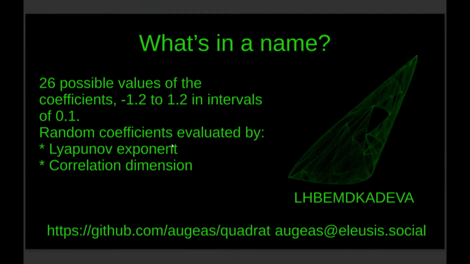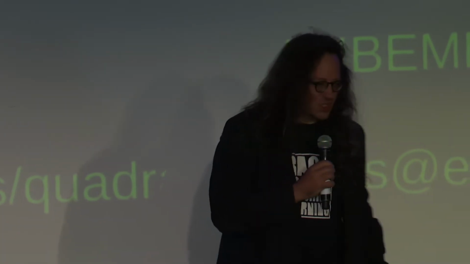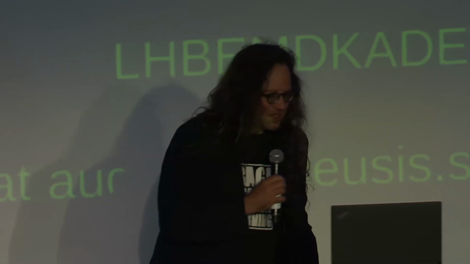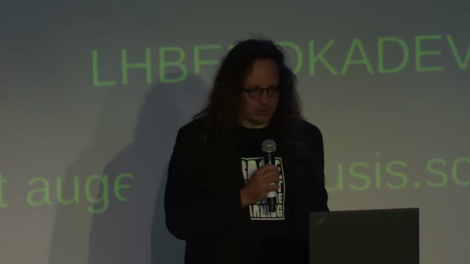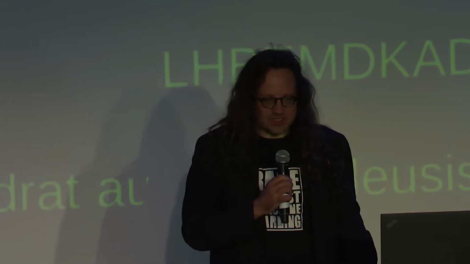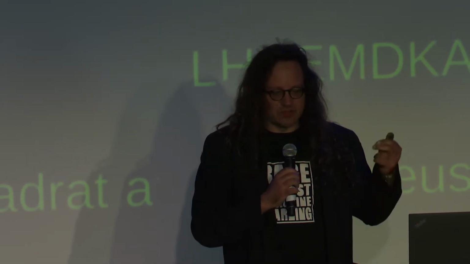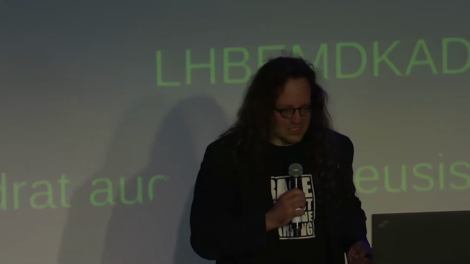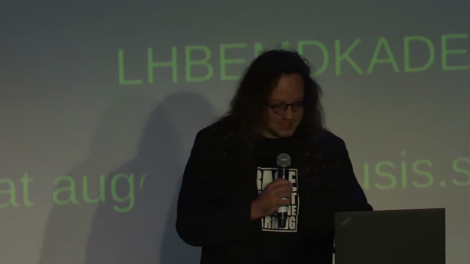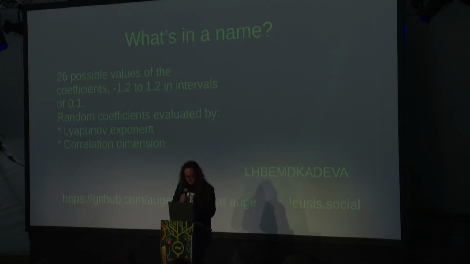You can give them a name, or you can give them a letter rather, so each weird shape has its own name. I'm not going to explain what Lyapunov exponent or correlation dimension are, but they are used to filter and choose the attractors, that weird images that are deemed aesthetic.